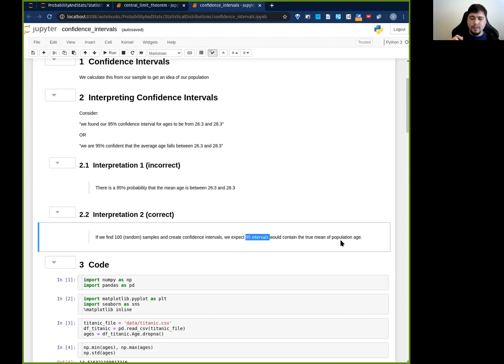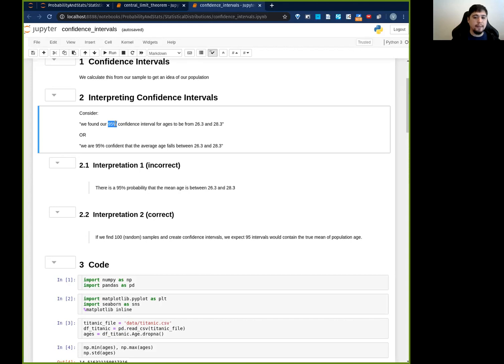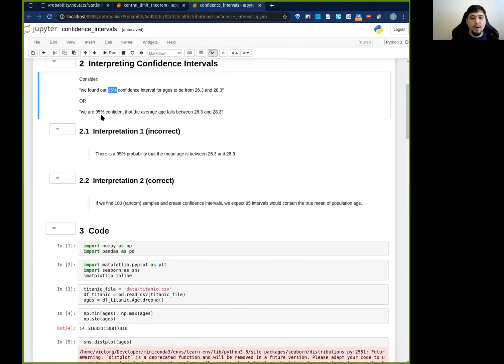It's a subtle difference, but sometimes people think that if they get a sample mean, they're 95% likely to have the true population mean. It's not quite right. It's a process where we could have been really lucky or unlucky, but we believe that we're probably one of the 95 intervals in this case.